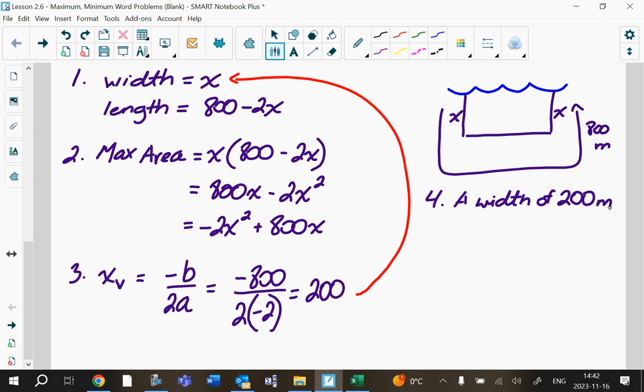So a width of 200 meters there, and what would be the length then? If the width is 200, what must be the length? Don't we plug 200 in here and calculate? Because isn't the length 800 minus 2 times the width?